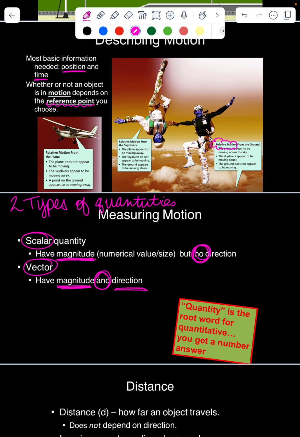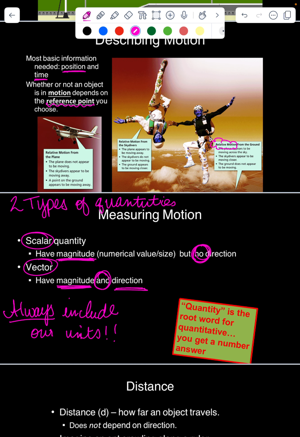Their direction does count. It does come into play. All right, but always remember, we always include our units with these. Okay, so a scalar quantity just has magnitude. Vector quantities have both magnitude and direction.